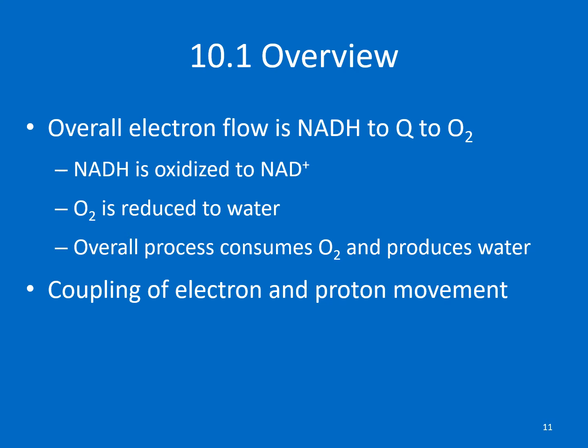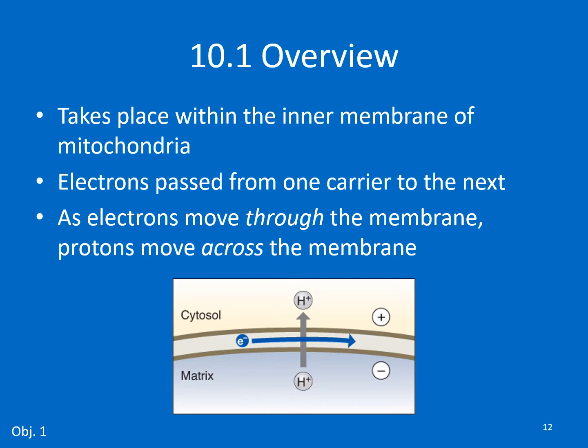So during OXPHOS, the movement of electrons and protons are coupled, and we'll talk more about that. So the movement of protons and electrons occurs within the inner membrane of mitochondria. So as you know, mitochondria have a membrane, and the electron movement takes place within the membrane.